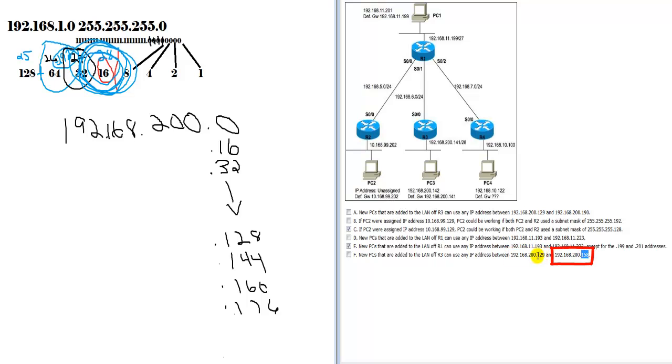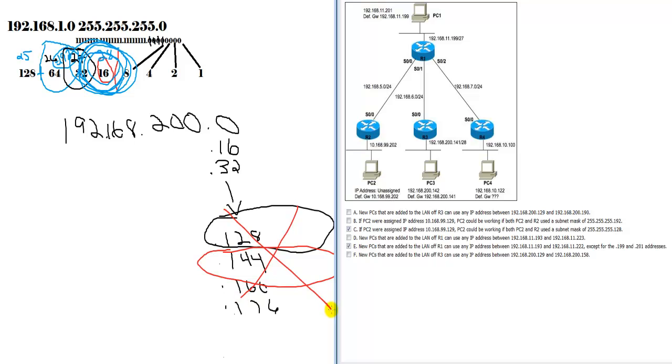So the 129 address would be in this network here, and the 158 address would be in this network here. And like I said, you can't use addresses in two different networks on the same LAN, so F is wrong.